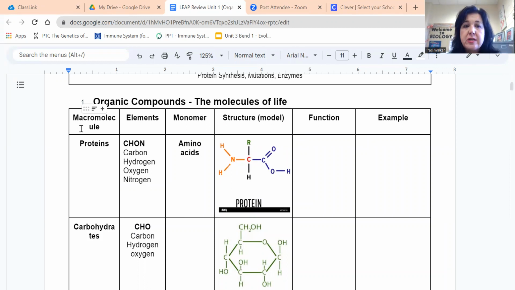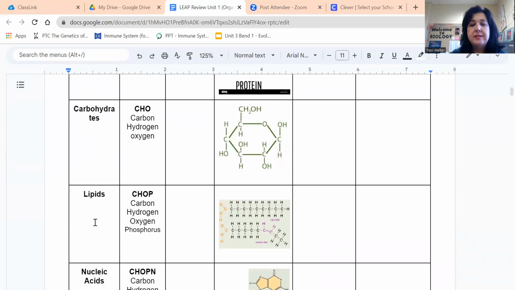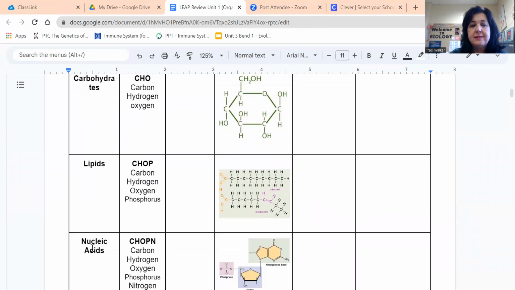So remember we talked about that living things are made up of the molecules of life. And there are 4 major categories of these molecules of life, also called macromolecules. And there's proteins, carbohydrates, lipids, and nucleic acids.